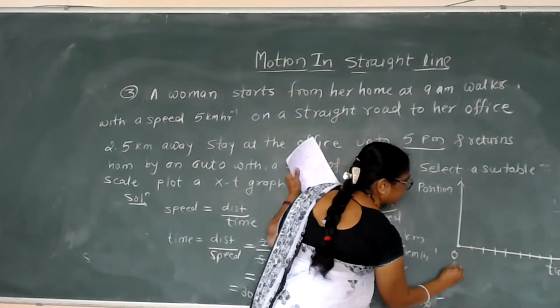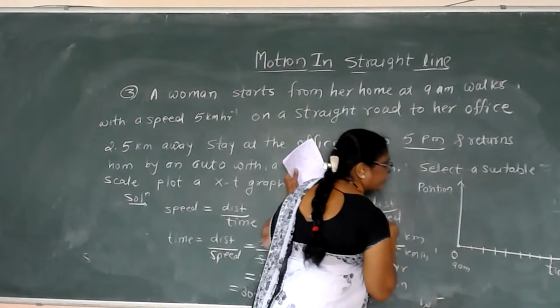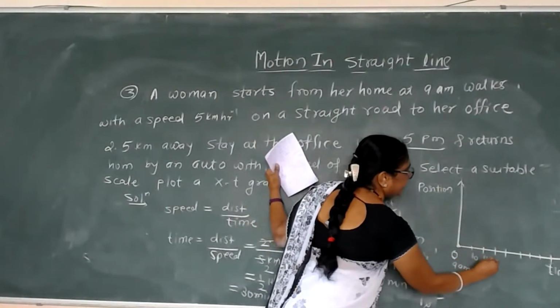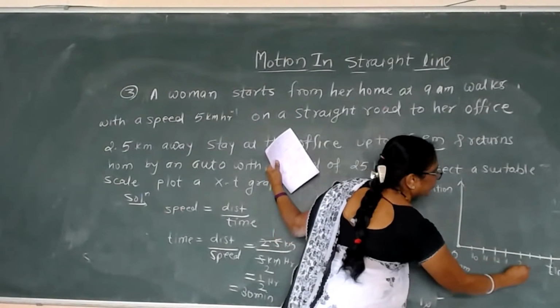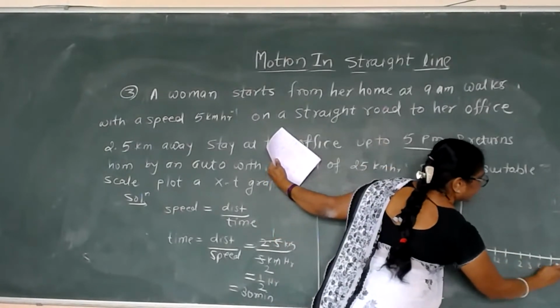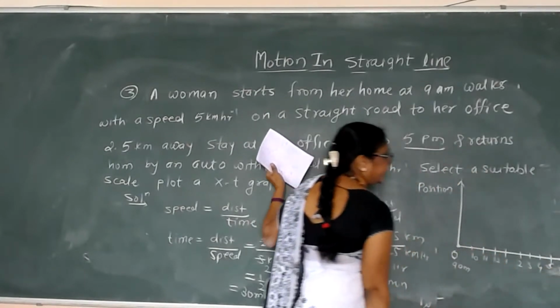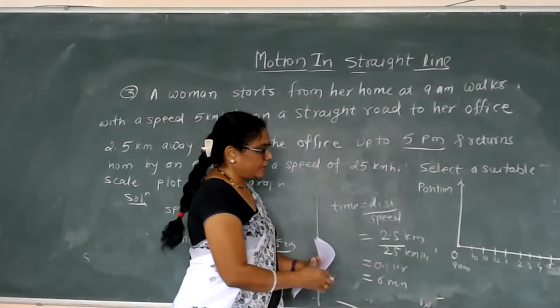She starts at 9 a.m. From 9 a.m., suppose this is 10 a.m., 11, 12, 1, 2, 3, 4, 5 p.m., 6 p.m. Take a suitable scale.